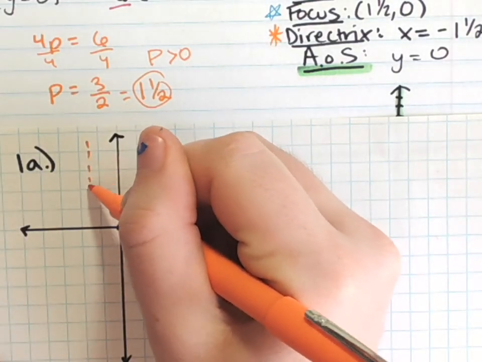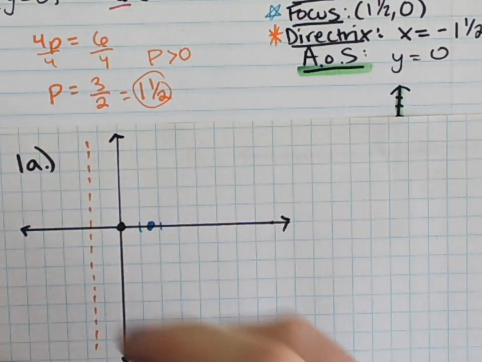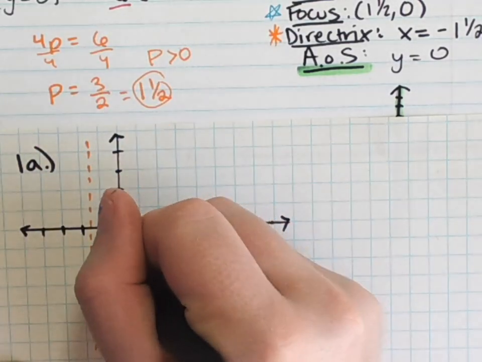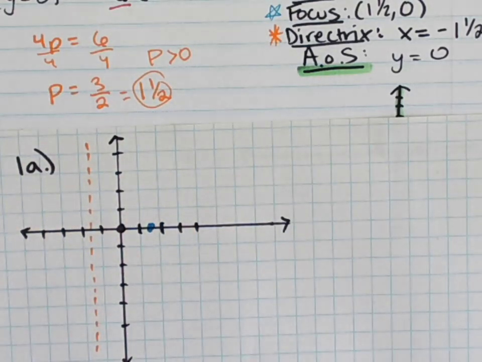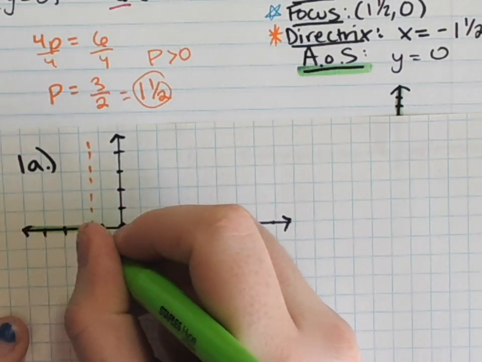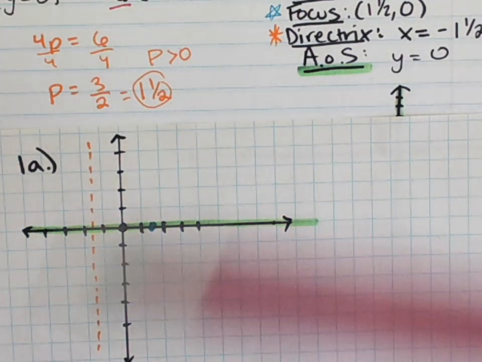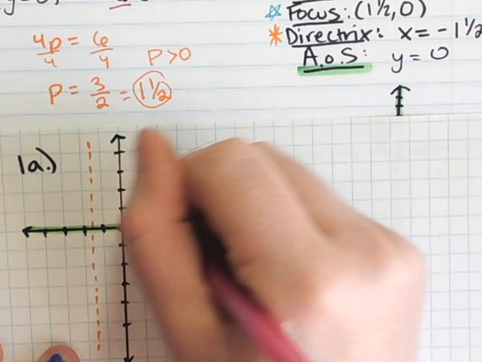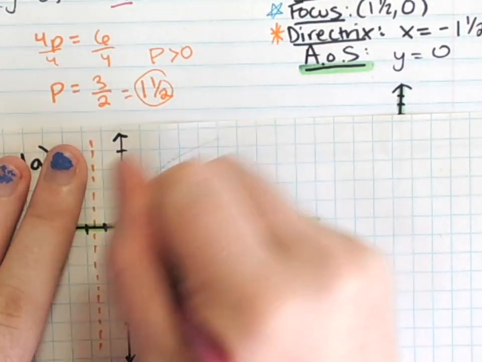So that's right here. This is 1, 2. All right. And my axis of symmetry is right there. So I'm going to do this in pencil. We don't really know how steep it is, so we need to test a point. So I'm going to erase those.